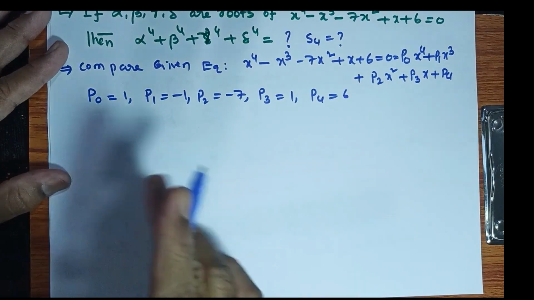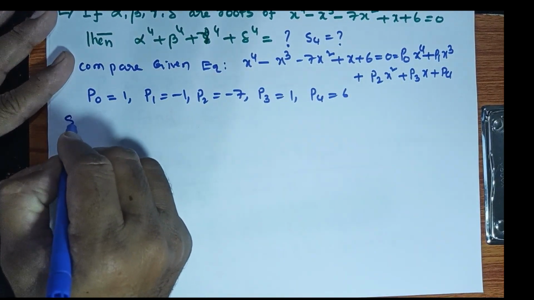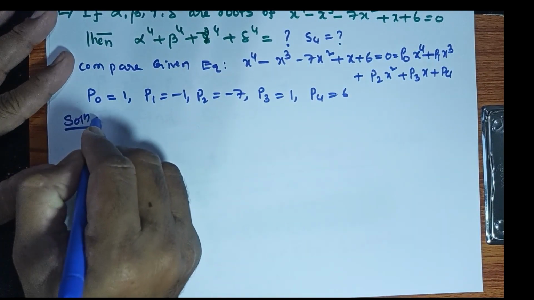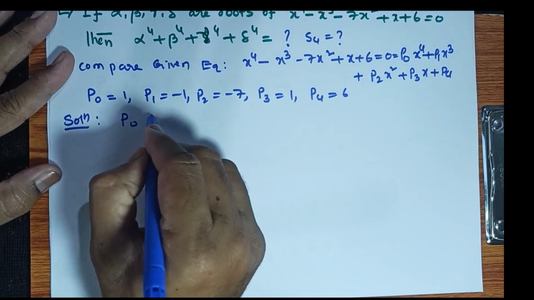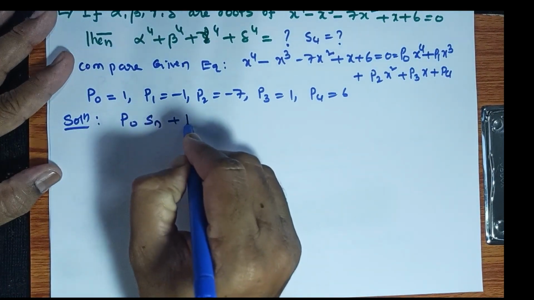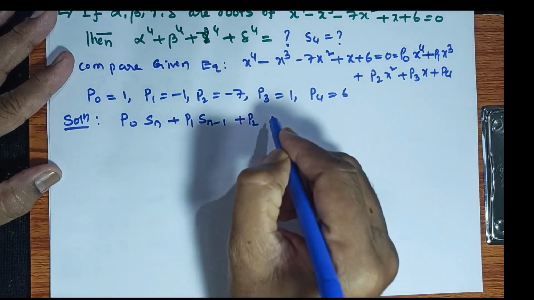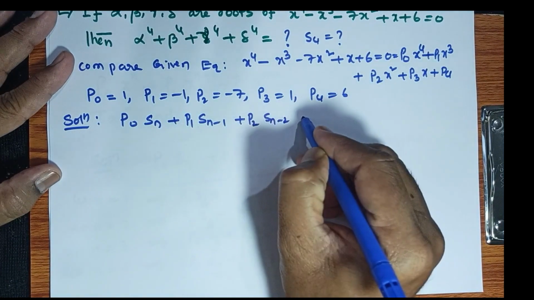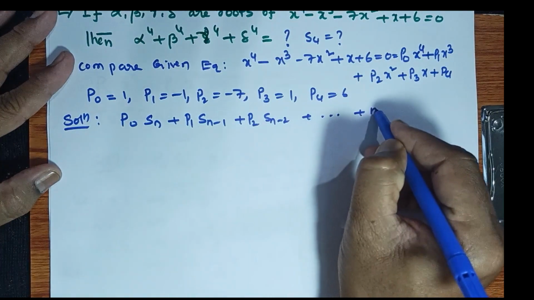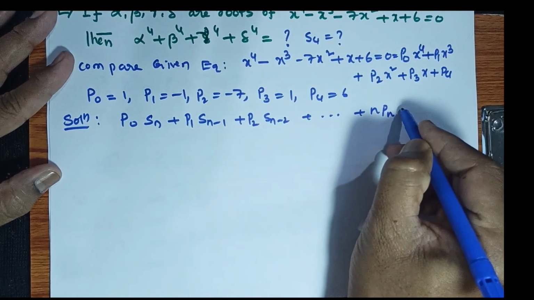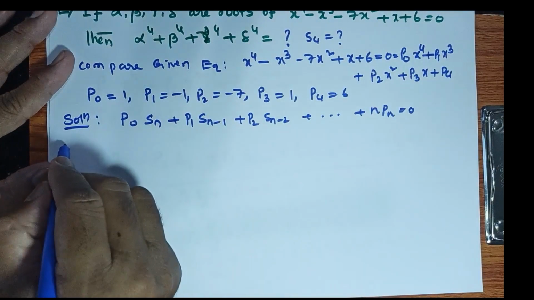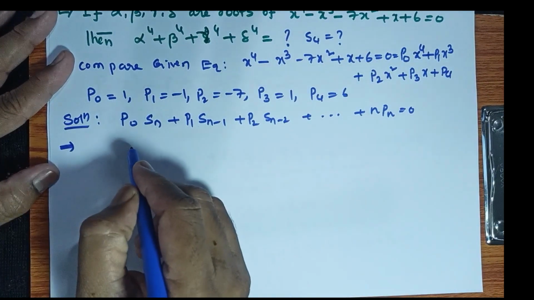So what is the solution set formula? It is P0 Sn + P1 Sn-1 + P2 Sn-2 and so on, up to n Pn is equal to 0.